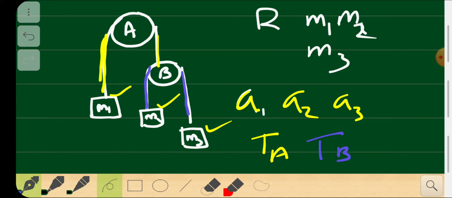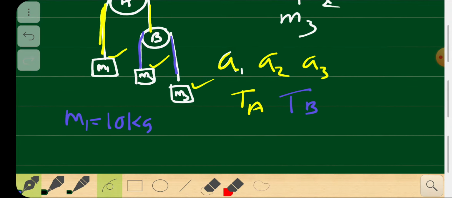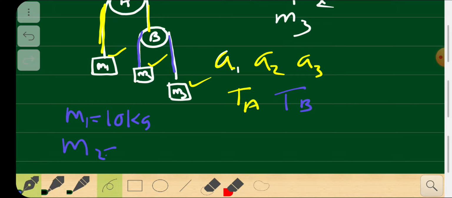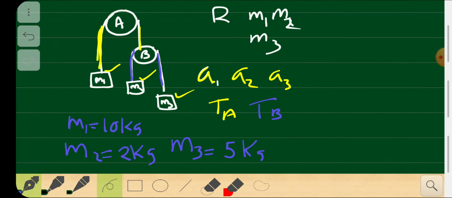So how can I do that? Let's assume that m1 is equal to 10 kilogram, m2 is equal to 2 kilogram, and m3 is equal to say 5 kilogram. Now this is the problem.